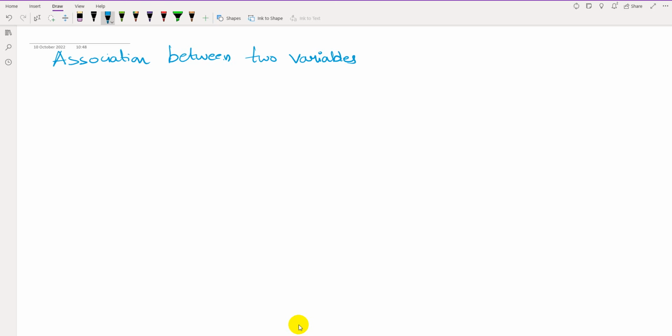Here we will be looking at the row relative frequencies and the column relative frequencies.